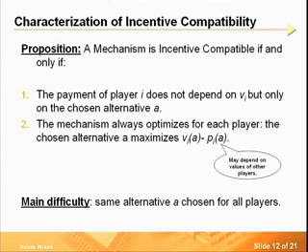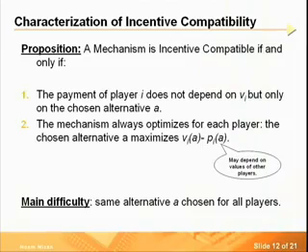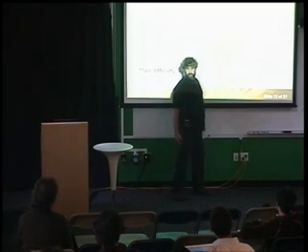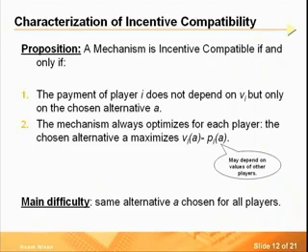For example, notice that the second price exactly satisfies this. What I pay does not depend at all on what I say, but only on what the other players say. The second requirement is that the mechanism must optimize for each player. Once we have prices that only depend on the outcomes, which is ensured by the first condition, each player has in front of himself some kind of optimization problem: how much value do I get from some allocation A versus how much payment do I pay for allocation A?